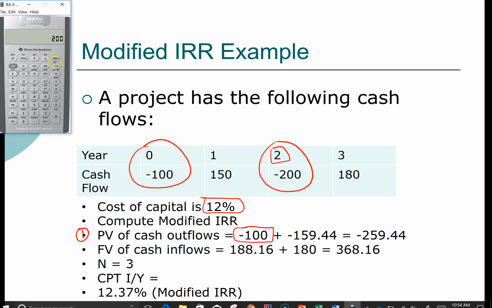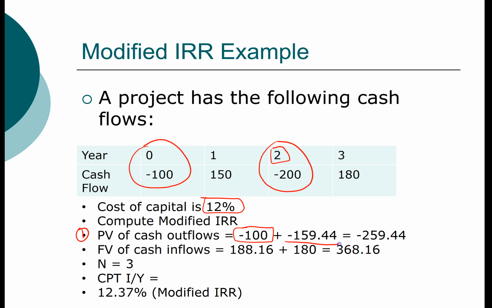So 200 becomes our future value, and it occurs in year 2. So n is 2, and the discount rate is 12%, and we want to compute the present value. So the present value is $159.44. So that's where this comes from. So together, our total cash outflow in year 0, because this is present value in year 0, is minus $259.44.